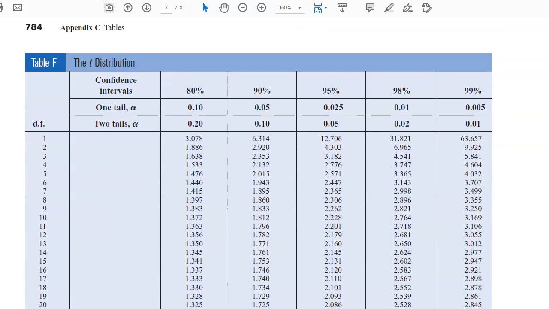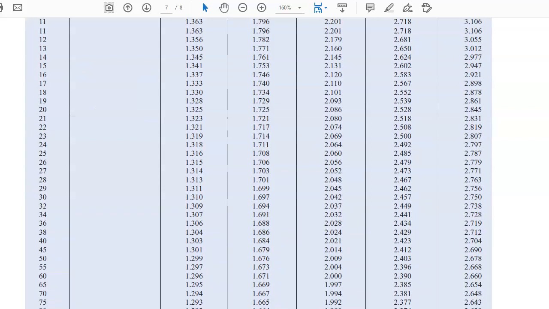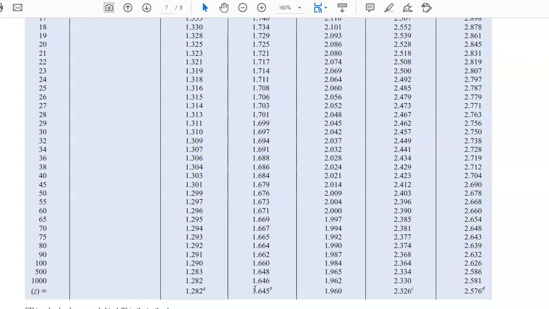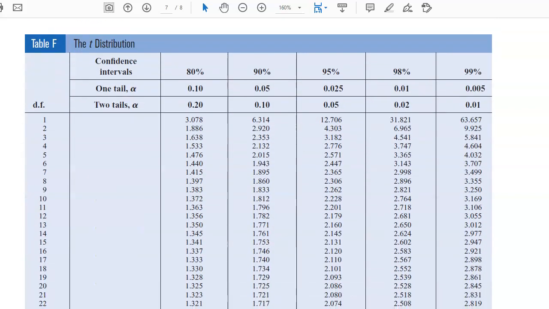Why? Because that has a confidence interval row. So I want the 90% confidence interval. If I go all the way down to the bottom of this table, see it says Z infinity, that's the Z value I need. That Z value of 1.645 is my Z alpha over 2 value for a 90% confidence interval.